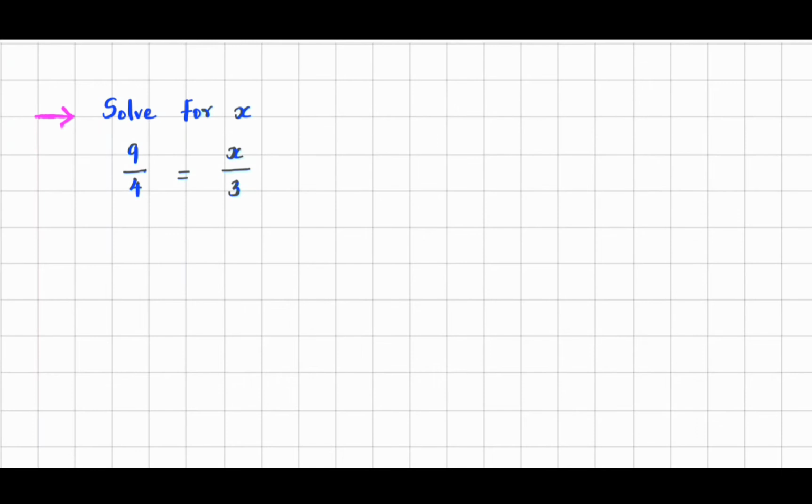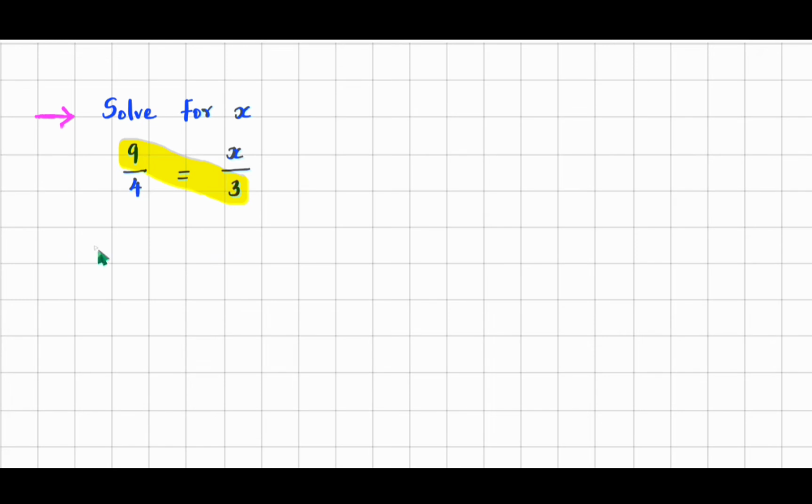Now let's see some examples using the cross multiplication method. Here we can cross multiply anytime we have one rational number making up the left side equal to another rational number making up the right side. To cross multiply, we literally cross over: we take the denominator of one side and multiply it with the numerator on the other side.